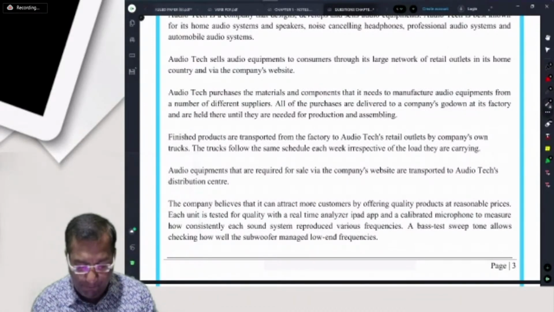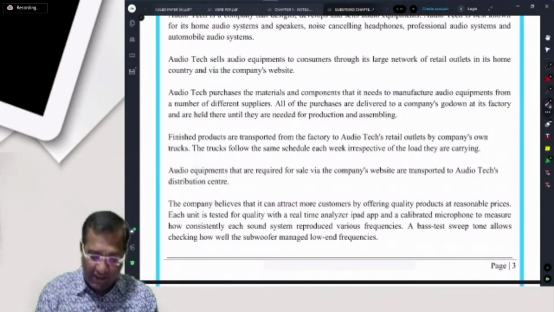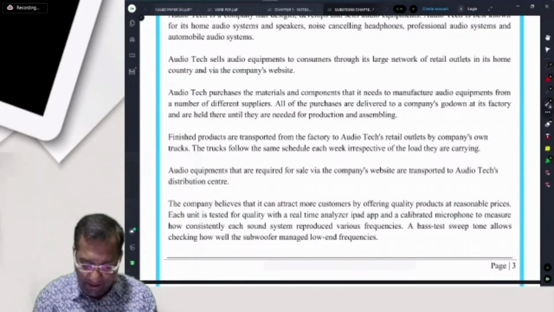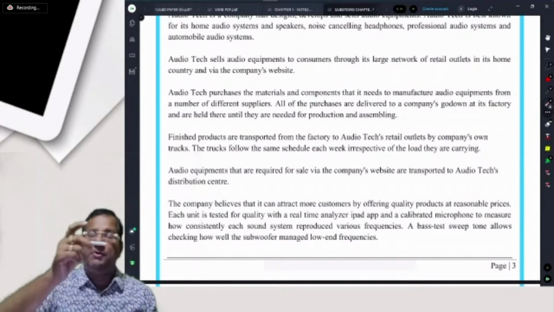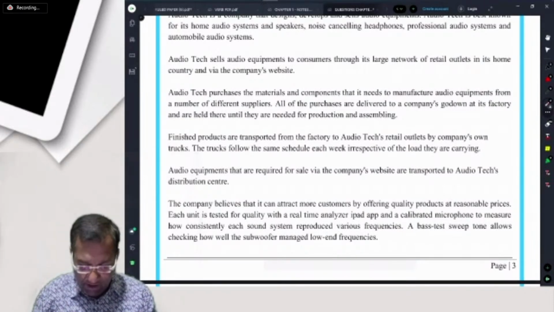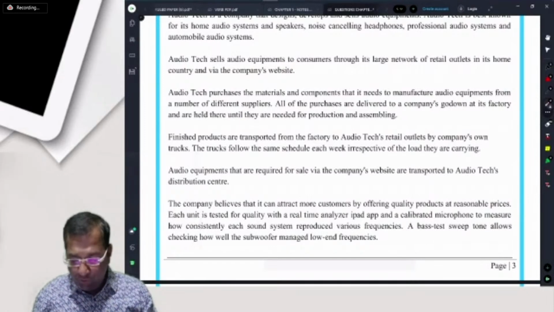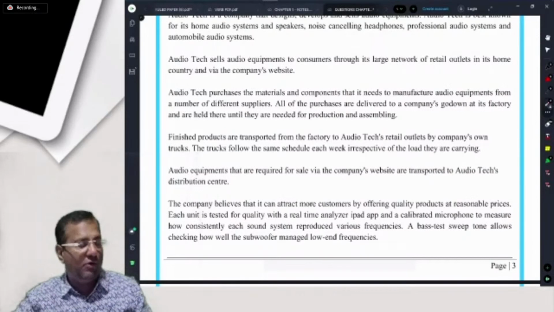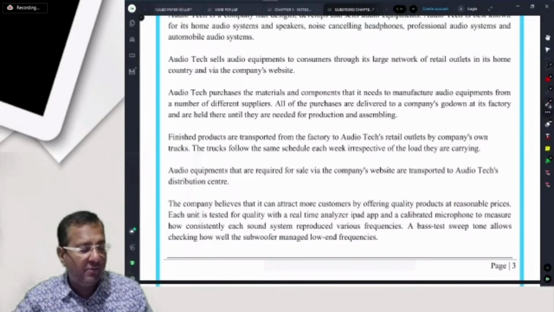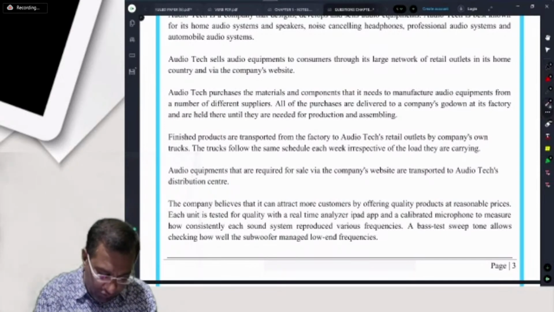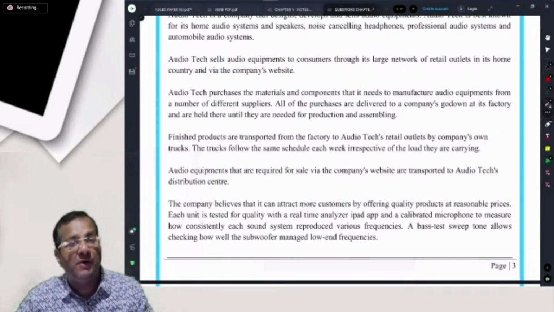So in case of Audiotech Limited, materials and equipment will be purchased from a number of suppliers, and these suppliers will deliver these materials and components to our company's godown, and there we store them and distribute to the production department whenever they are needed. So you have to use this para while answering part number 1.